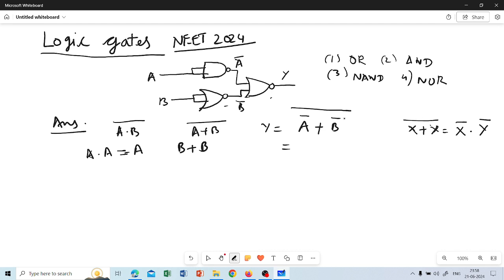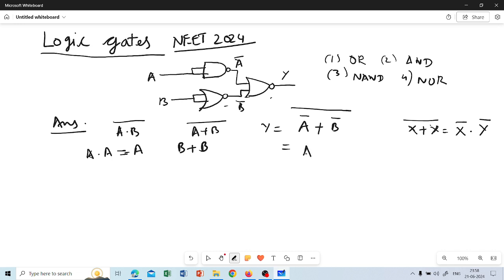This is De Morgan's law. I am just saying this is a conventional method, but you don't need to do this at all. But you should always know both methods, the conventional method and the shortcut. I will tell both in this video.